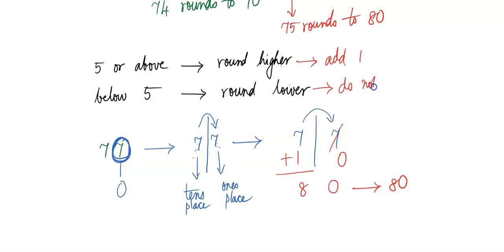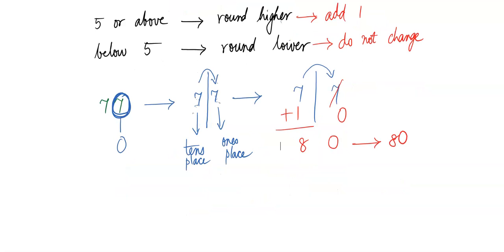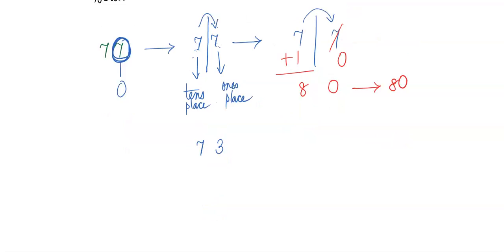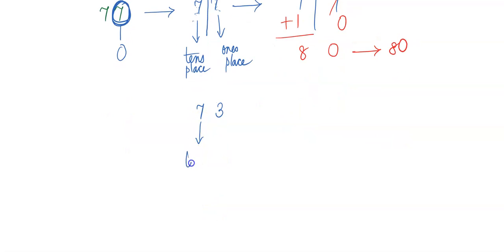Otherwise, do not change. Okay, so then let's look at 73. Once again I want to round to the nearest 10. So this is the tens place, and this is the ones place that must become a 0. I look at the tens place and at the number to the right of it.